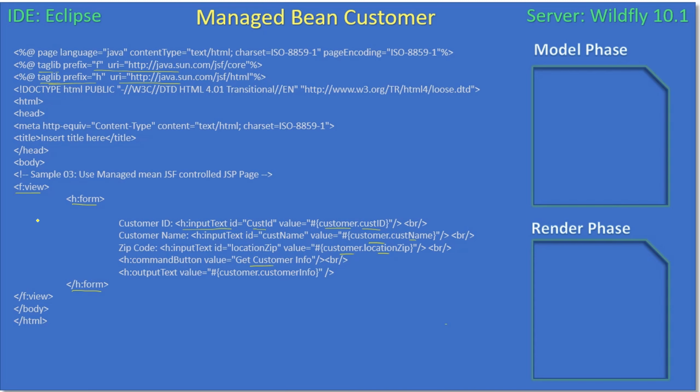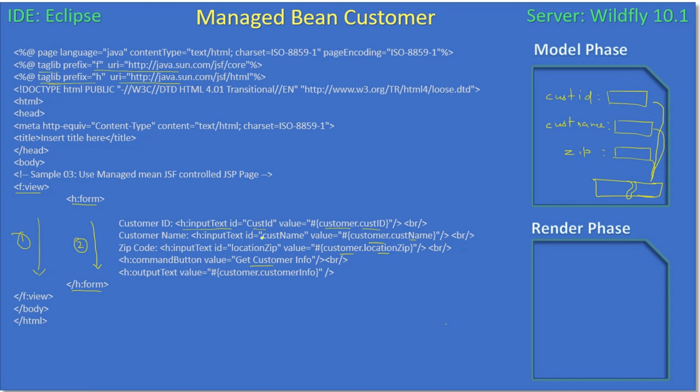Now this will run in two phases. When we are running it for the first time, it will run for a second time also. When we are running it for the first time, the form field data, let's say customer ID, then customer name and zip, this stuff will get read and stored inside our bean.